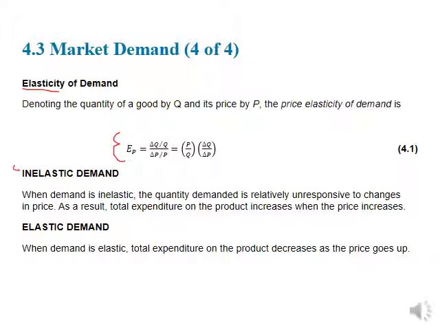So when demand is inelastic, we are relatively unresponsive, insensitive to price changes. And when demand is elastic, we are relatively responsive, relatively sensitive to price changes. Because demand tends to be downward sloping, as price goes up, for elastic demand, we're going to demand a great deal less. Our quantity demanded is going to drop considerably as price goes up.